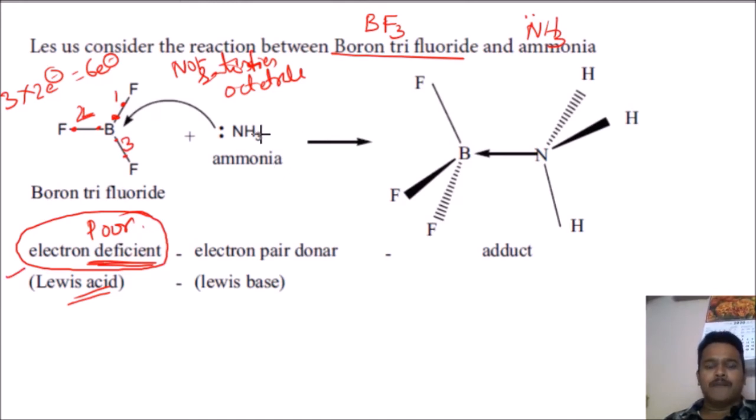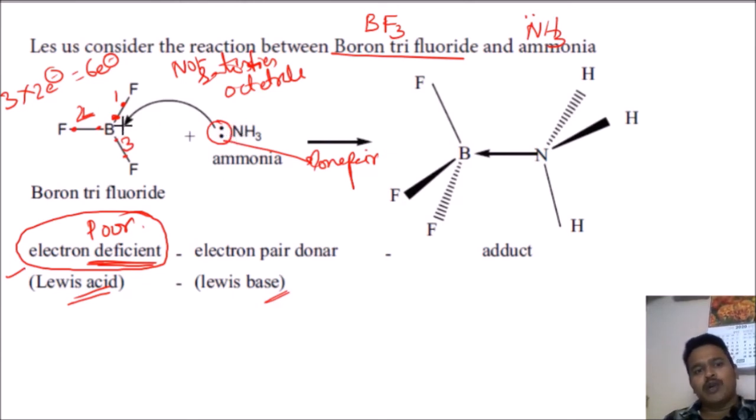Here ammonia has 2 electrons. This is called the lone pair of ammonia. This lone pair can be given by ammonia to BF3. So it is donating, so it is a Lewis base. Both electrons are transferring from nitrogen in ammonia to boron in BF3.